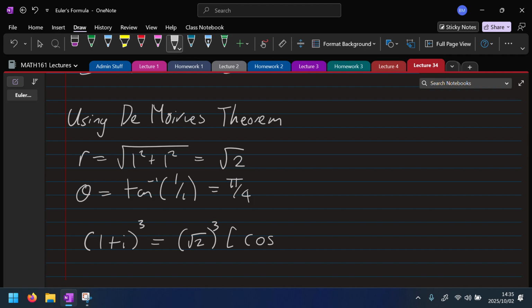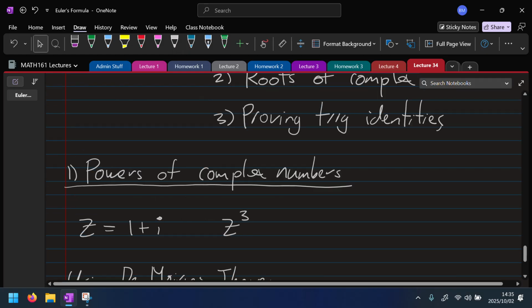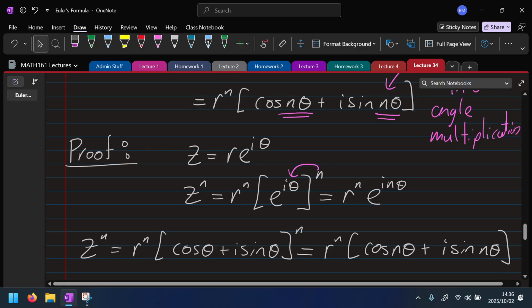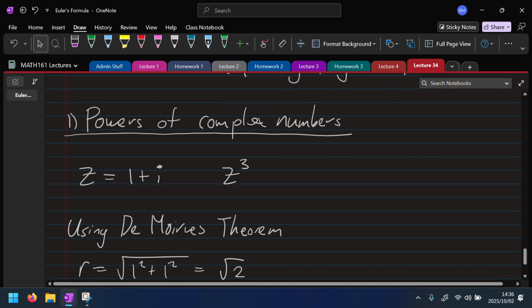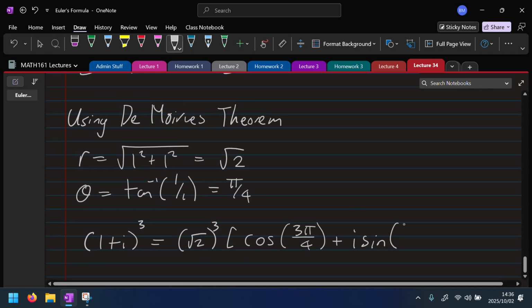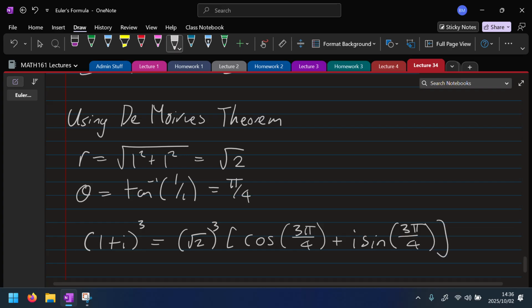So it will be 3 times the pi over 4. Plus i sine. And then remember over here, on the right there, it was n theta, so 3 times pi over 4 again. And we're done. That's it.